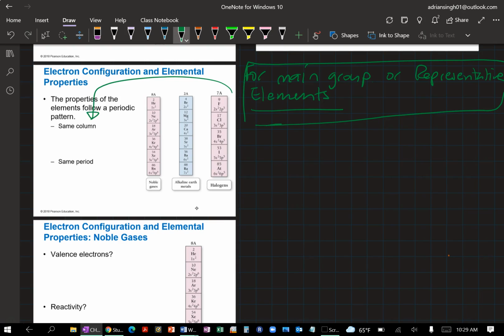So for the elements that belong to the same column or the same group, they have the same number of valence electrons.